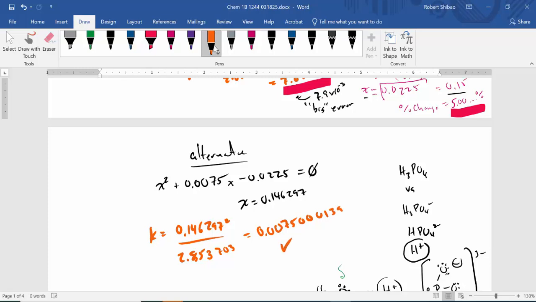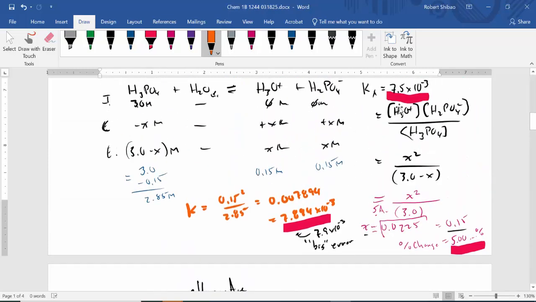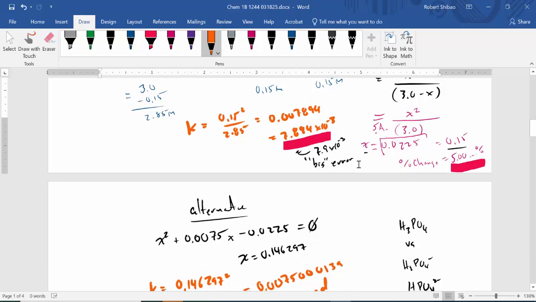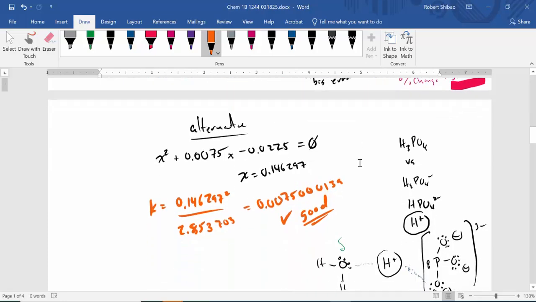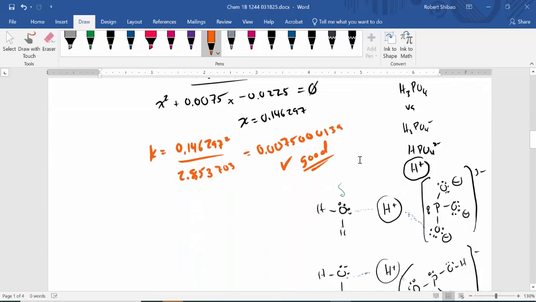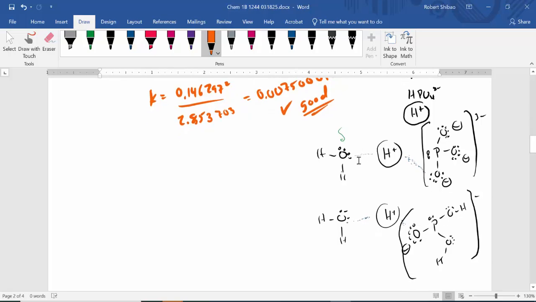So this looks good. Match for 7.5 times 10 to the minus 3. So the quadratic gave us a better answer.